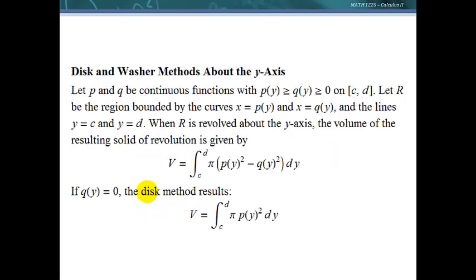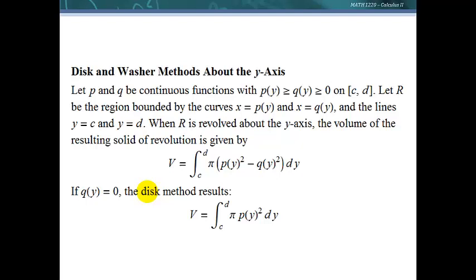So we can see that the disk and washer methods around the y-axis are analogous to the ones around the x-axis, but x and y interchange roles. We have p and q continuous functions with p of y greater than or equal to q of y, which is greater than or equal to 0, so p of y is to the right of q of y. We're looking on the interval from c to d, and R is the region bounded by the curves p of y, q of y, and the lines y equals c and y equals d.